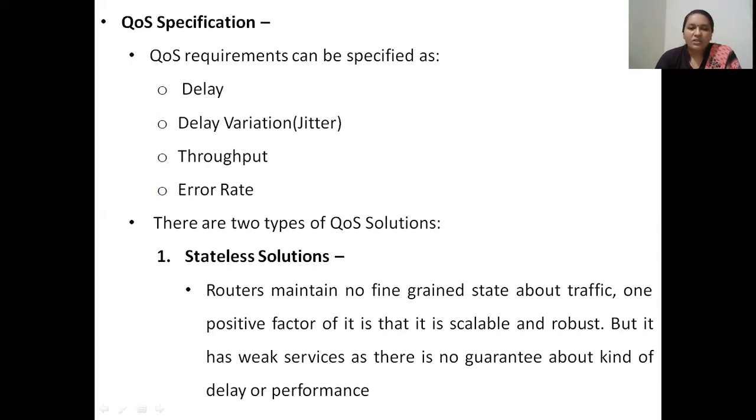Such solutions for quality of service are scalable and robust, but their services are weak as they do not guarantee the delay or the performance of the network, because they don't have any current state information which dynamically keeps on updating. Since it's a static solution, it cannot guarantee good performance, but it can serve a lot of users at a time. It's scalable and robust.